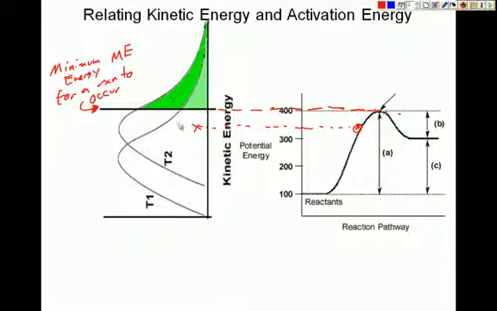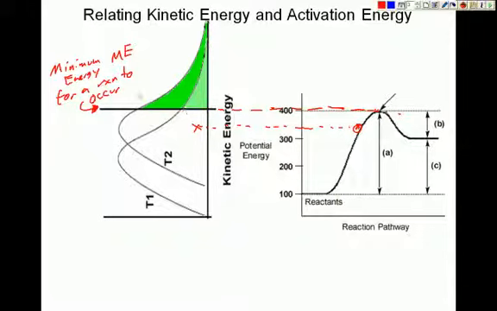That's why at a higher temperature we see more particles having enough energy to go over this bump. These particles here have enough energy to meet the activation energy requirements in order for reactants to become products.